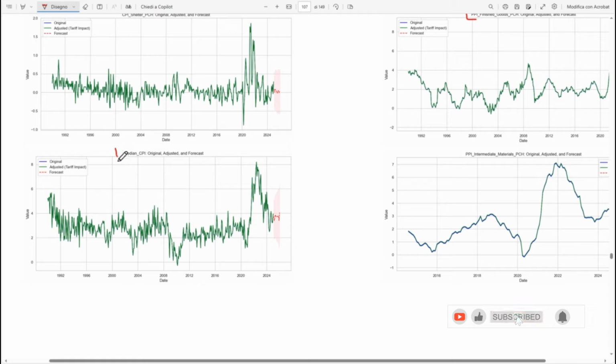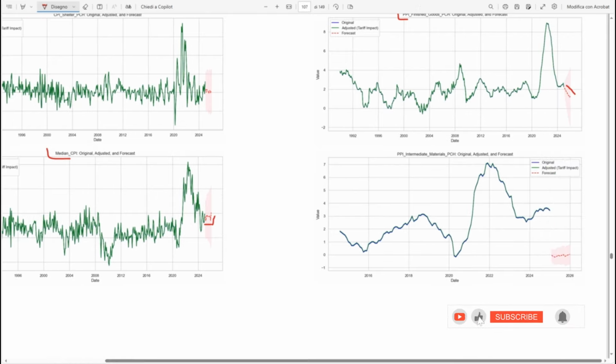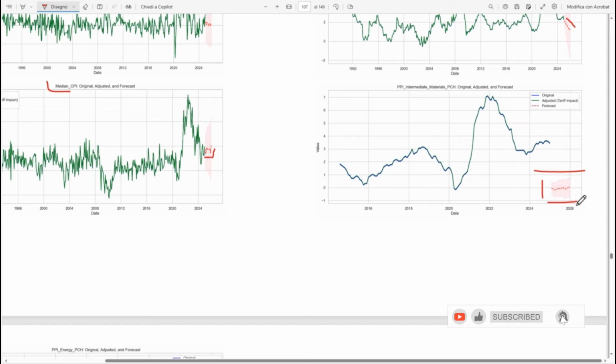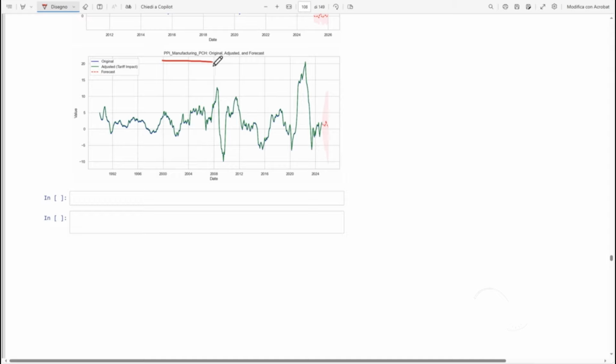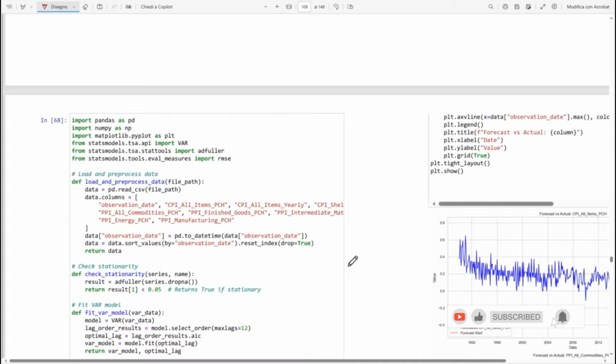Let's say the median CPI, which seems more reasonable: after a small decline, it will be in trend, and then it will be increasing to 4%. The outputs of some of these charts are really out of the ordinary. The PPI manufacturing index is more realistic. It tells me that it will be between 0 and 2 or 3%. I don't have the precise scale here, but it's not very nice.